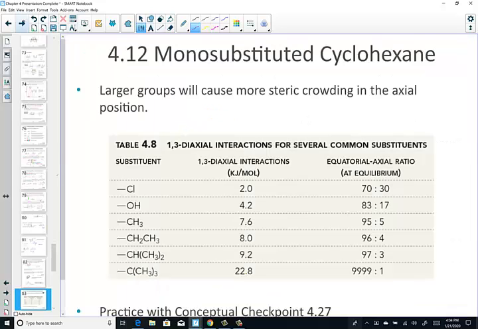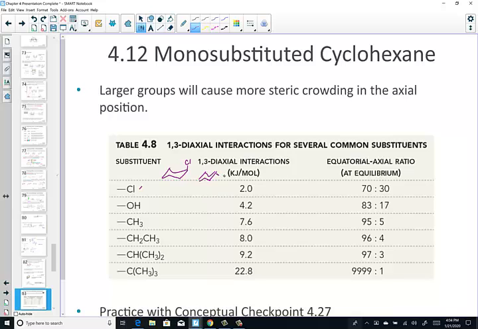Now, notice this trend. If we examine this chart, larger and larger substituent groups cause more and more steric crowding in the axial position. So if I have a somewhat small substituent like a chlorine, and I draw that structure, if I put a chlorine in the axial position versus a chlorine in the equatorial position, oh, that is not good.